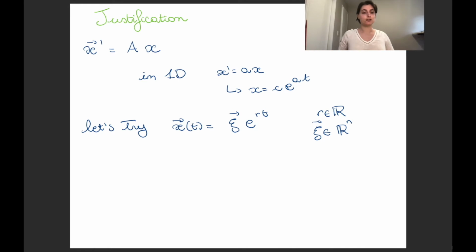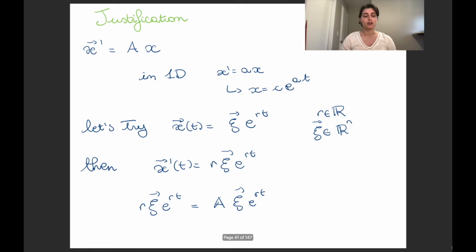We guess, we try, x vector equal a vector xi times the exponential of rt, trying to mimic the situation we have in one dimension, where we want the exponent r to be real and xi to be also real.